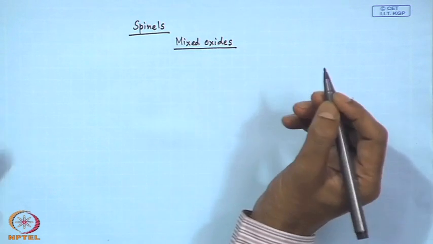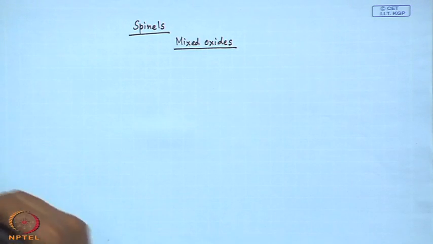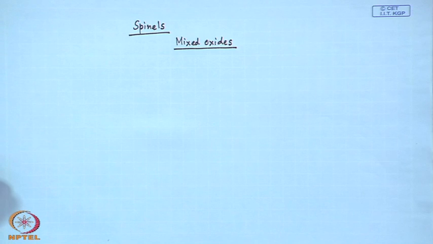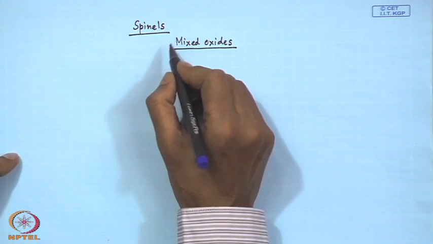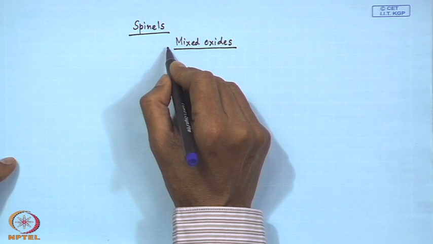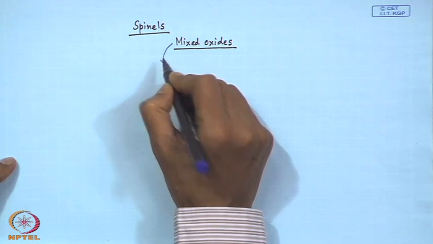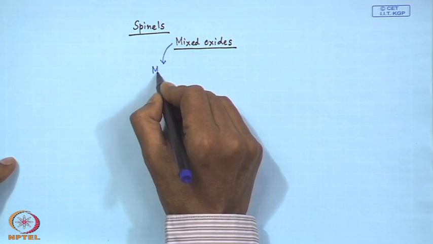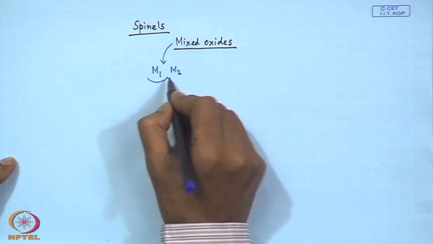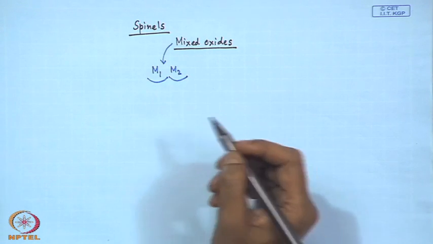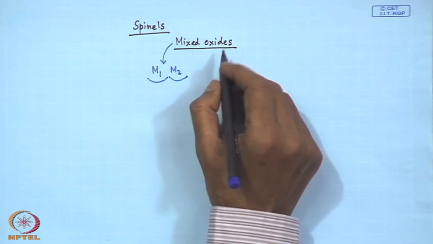How we treat these mixed oxides with regard to the corresponding preference for their sites, we will be talking about. That means we have metal ion M1 and metal ion M2, so where M1 will be and where M2 will be.